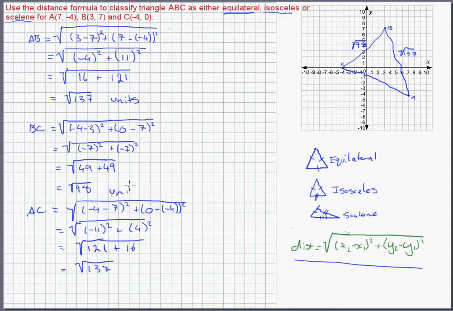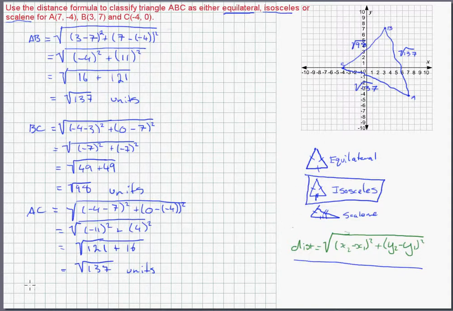These were both in units. We're not given a unit, so we just write units because it's a length. So we know AB and AC are both the same length, square root of 137, and BC is different. So we have an isosceles triangle, because we have two equal sides.